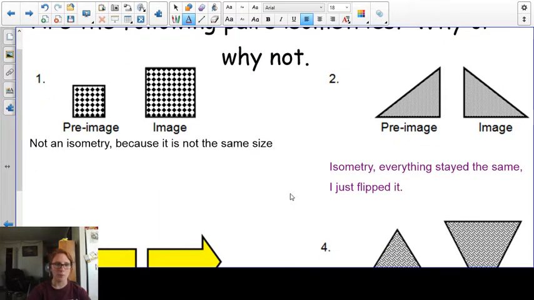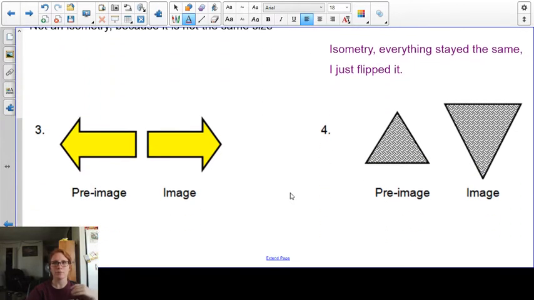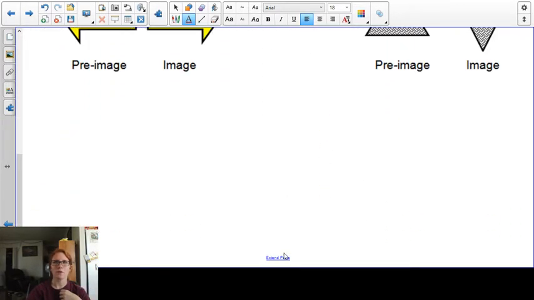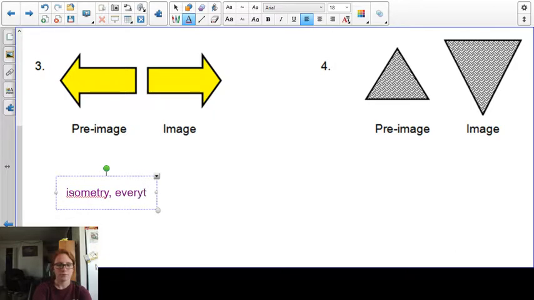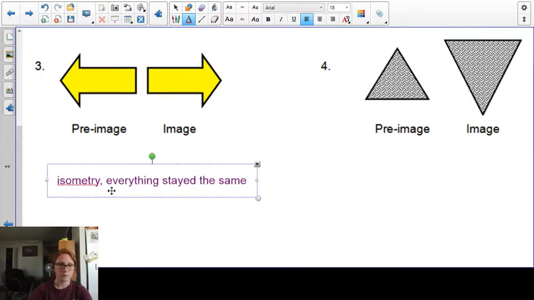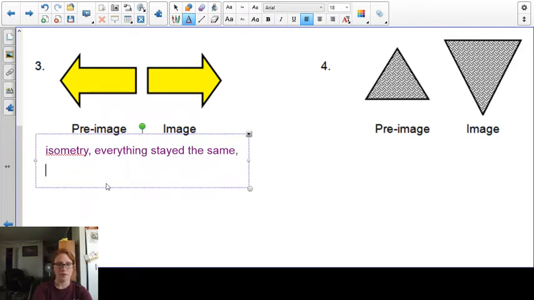Don't feel like you need to keep up with me. Extend this a little bit so you can see that better. I can write, pre-image to image, same, not the same. Good, same, so that's an isometry. Same idea. I just flipped it.